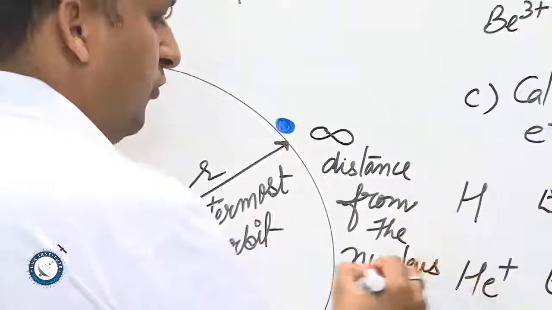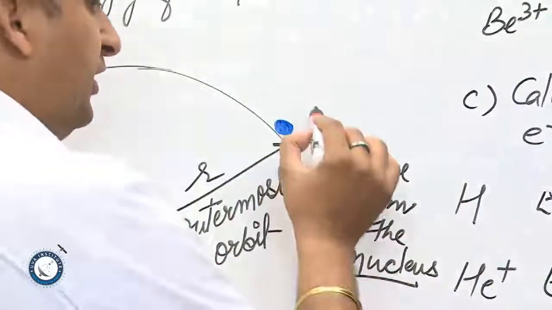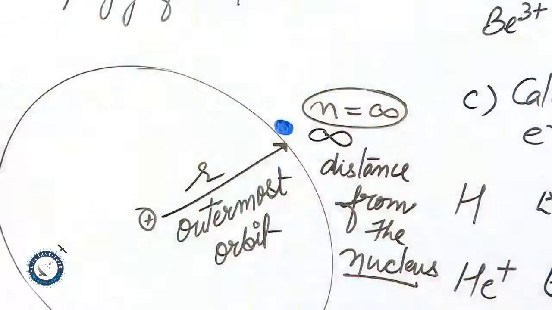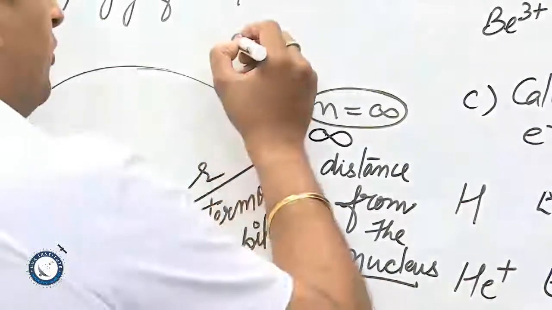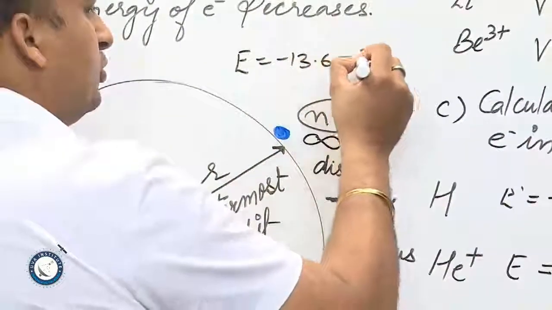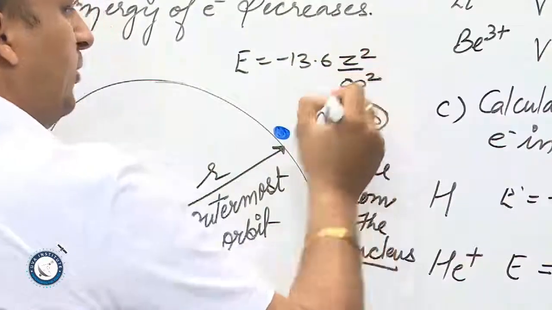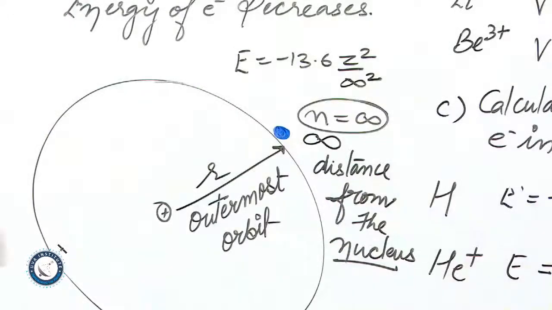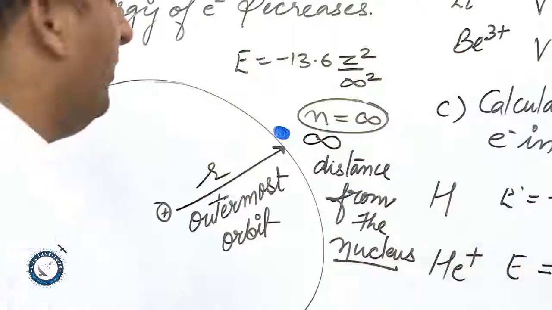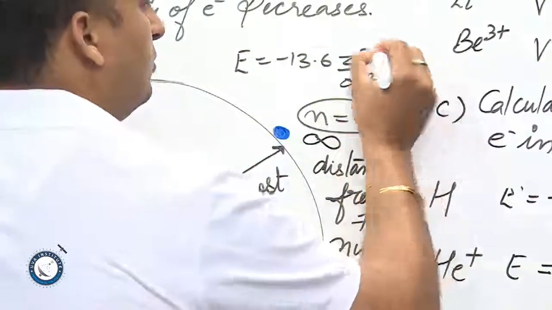So for this particular electron, we take n equal to infinity, considering it to be the infinite orbit. Now if you use this formula, E is equal to minus 13.6 Z square by infinity square, anything by infinity will become 0. So this value becomes equal to 0.